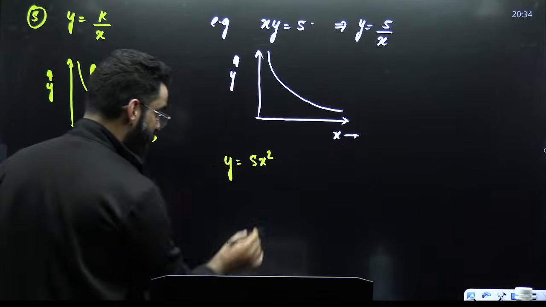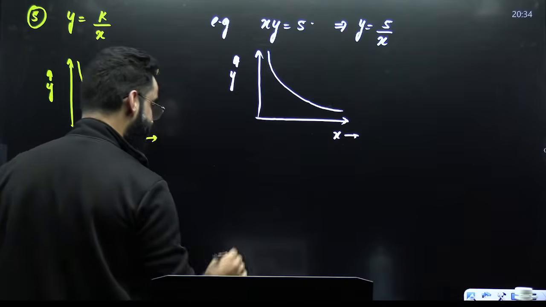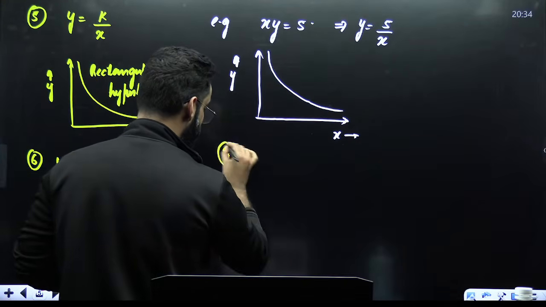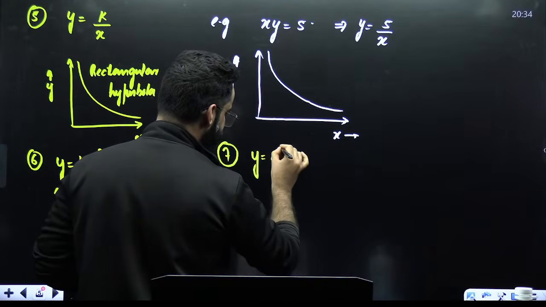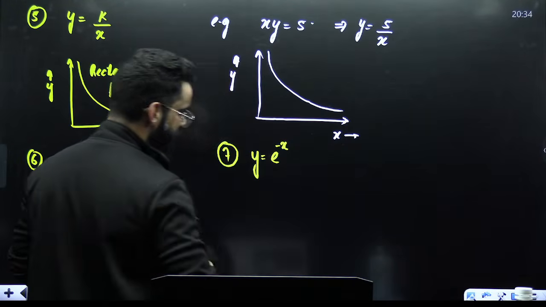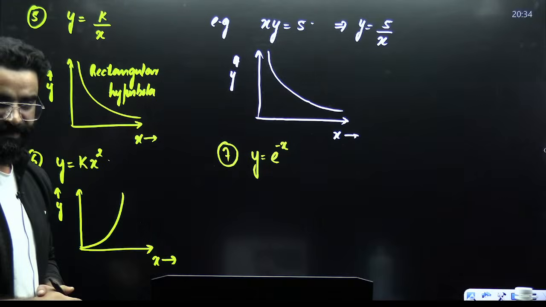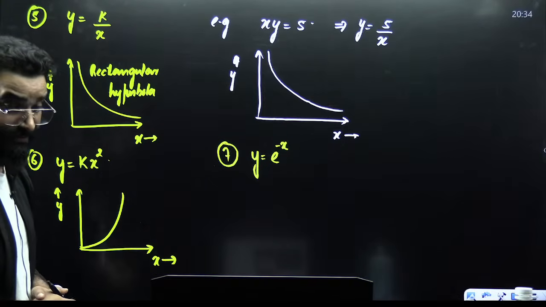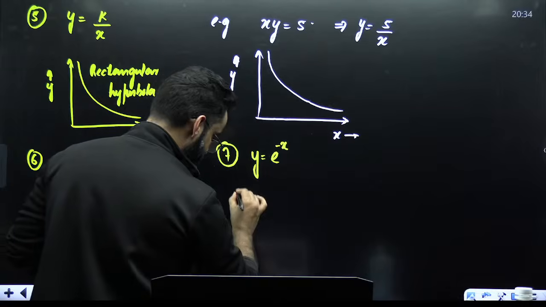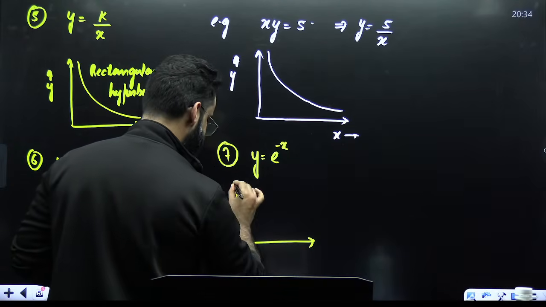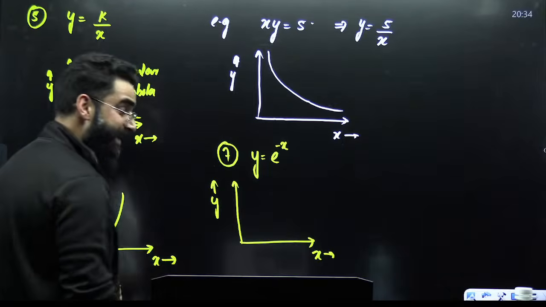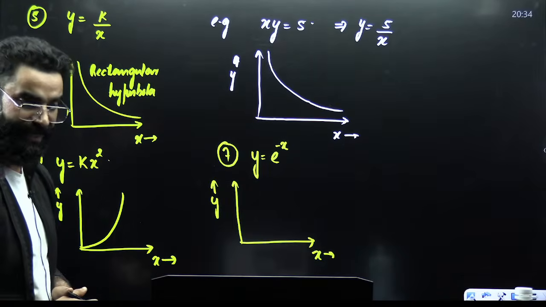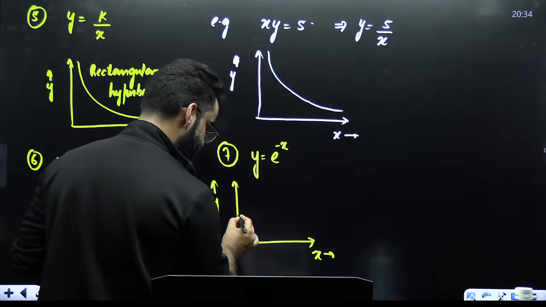Now, my dear students, one more which we require. That is y is equal to e raised power minus x. If you want to plot a graph between y and x, it is going to be an exponentially decreasing graph, like this.